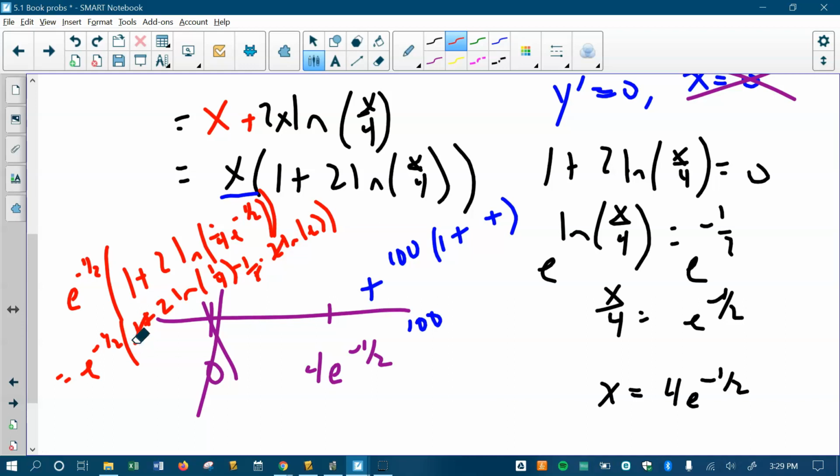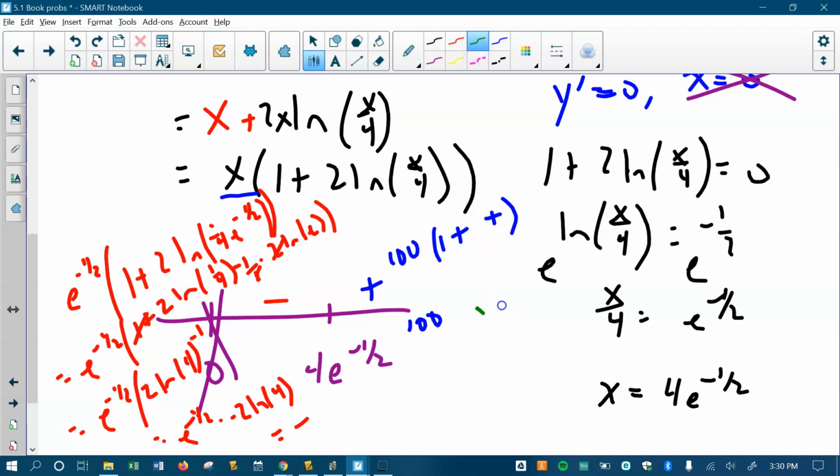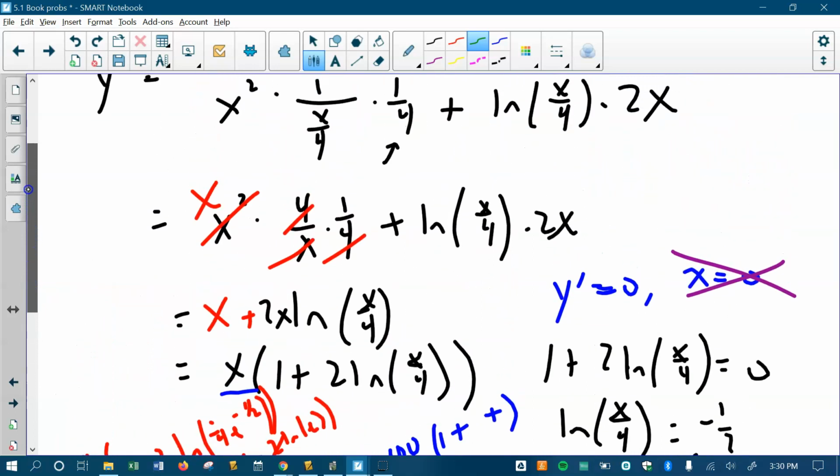So now I'm just left with e to the negative 1/2 times 2 ln of 1/4, or 4 to the negative first. That means, if I do another property here, I get e to the negative 1/2 times negative 2 ln of 4, which is a negative number. That was a difficult one. Ms. Schwartz might have had a better way. That's just the way I thought of it on the fly.